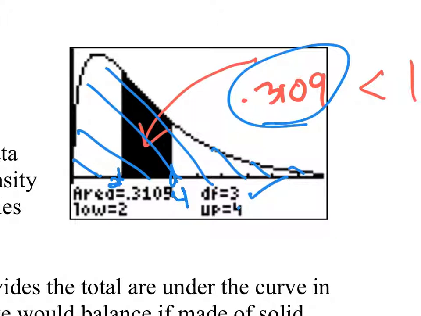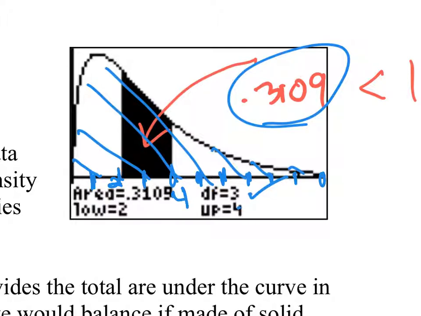So I suspect there's a 1 in there somewhere. 2, 3, 4, 5, 6, 7, 8, 9, and even a 10. So this particular skewed curve was marked in 10 equal places, and he went from 2 to 4.